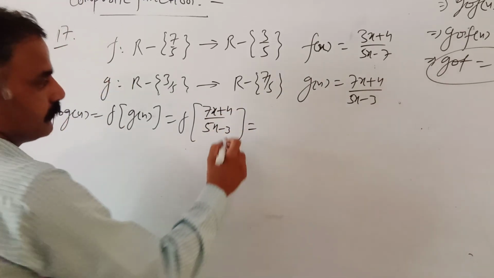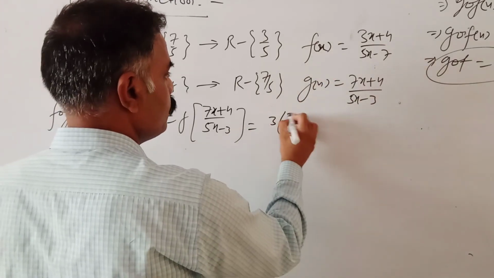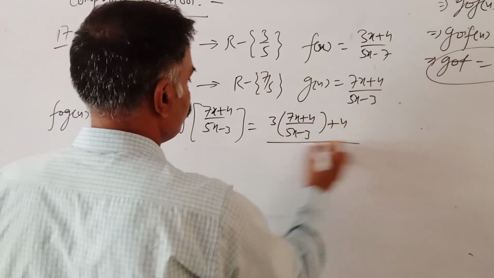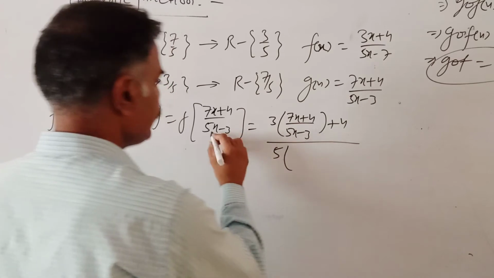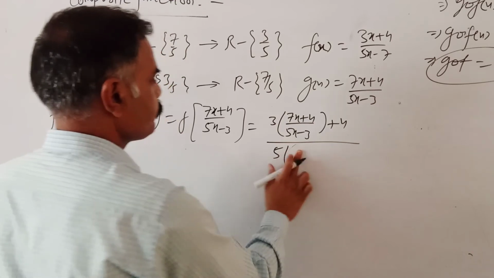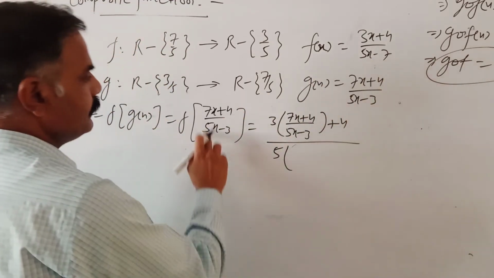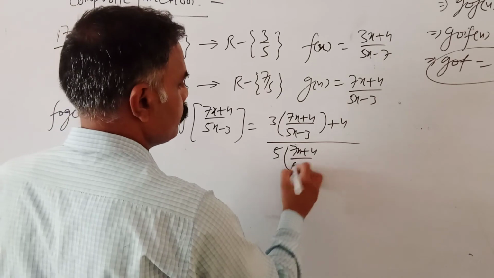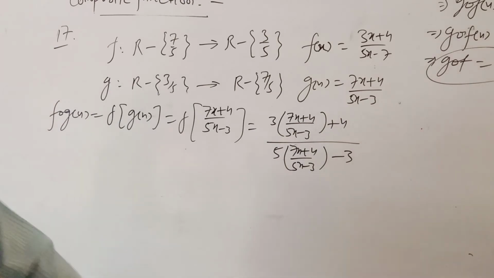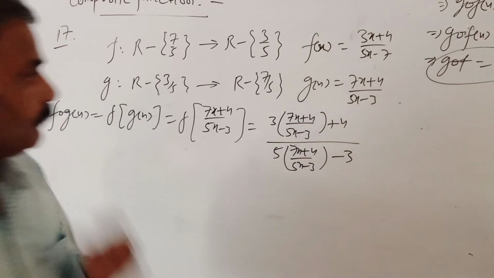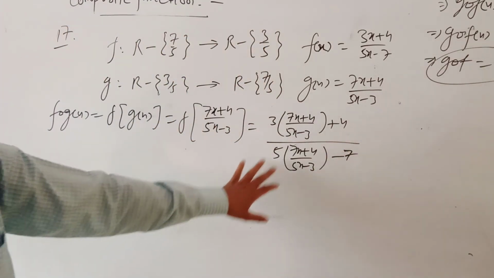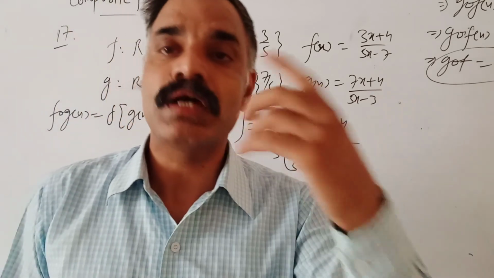So this is equal to 3 into (7x plus 4) upon (5x minus 3), plus 4, upon 5 into (7x plus 4) upon (5x minus 3), minus 7. Now we have to solve this, and this should also be equal to x.